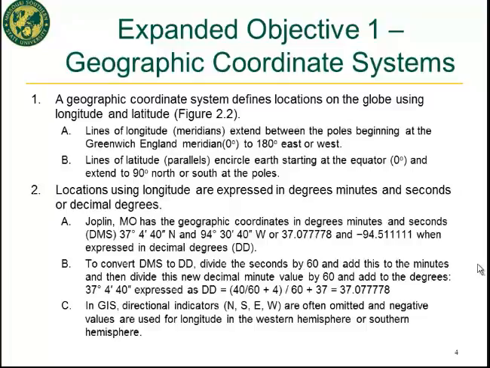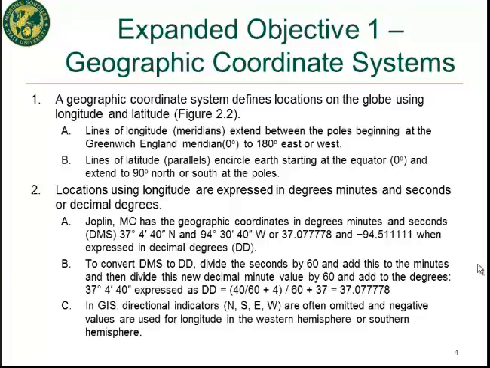So if we take 37 degrees, 4 minutes, 40 seconds, we start by dividing the 40 by 60, add that to the 4 minutes, and then divide that result by 60, and finally add the value to 37. So you end up with 37.077778.